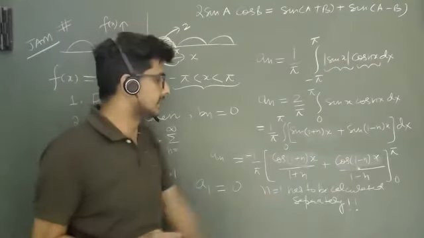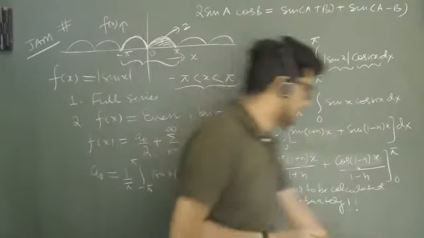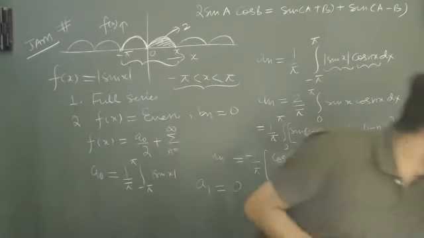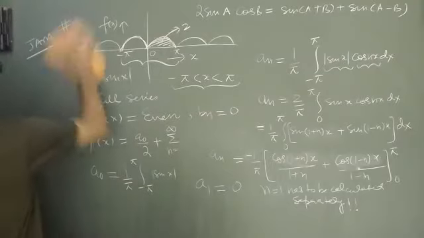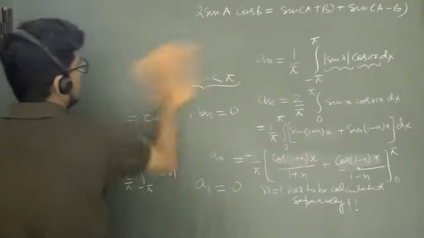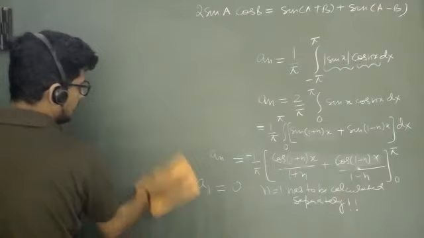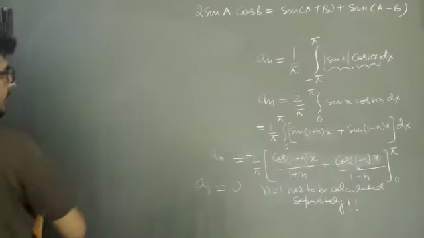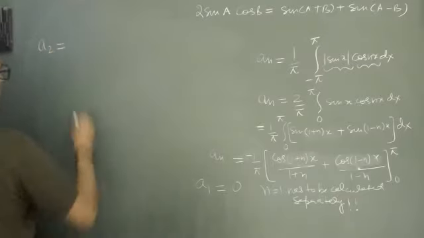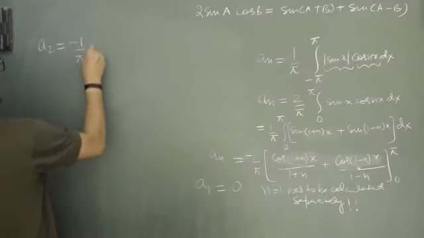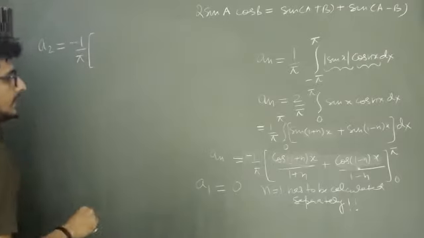Because of this thing. And the other thing is that, what is the value of A2? Tell me. A2. So A2 will be minus 1 by pi. Let us put upper limit and then lower limit.